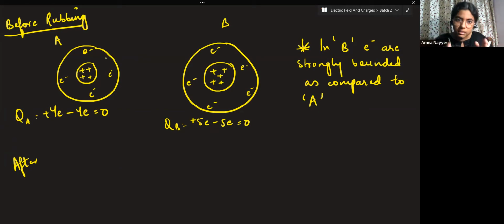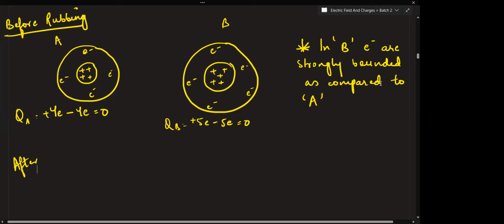You always have to compare between two objects. In questions that we'll discuss, you will see different objects A, B, C, D. So you take two objects, identify which has weakly bound electrons and which has strongly bound electrons, in which electrons will move, then you can compare. It's not that electrons won't be able to move from B. It will move if you have a body which has more strongly bound electrons than B.